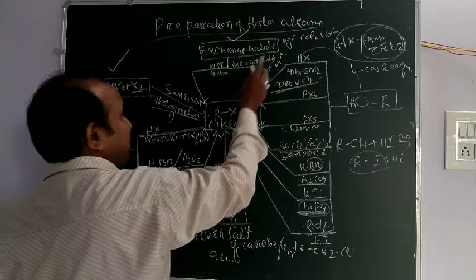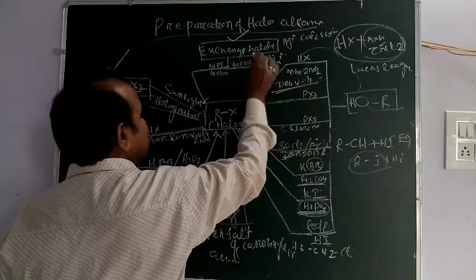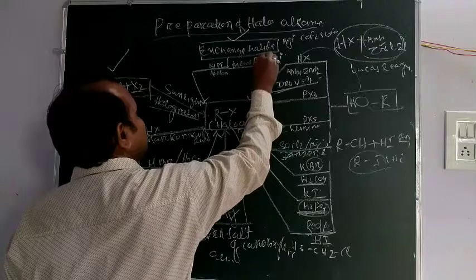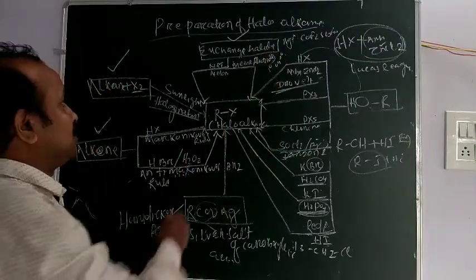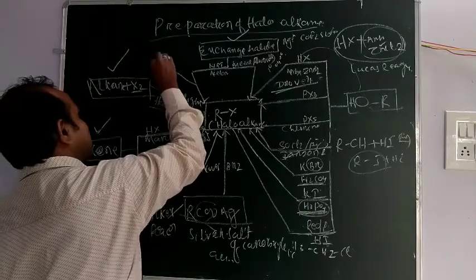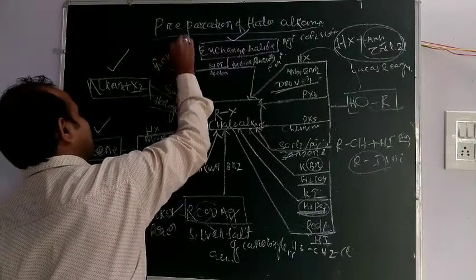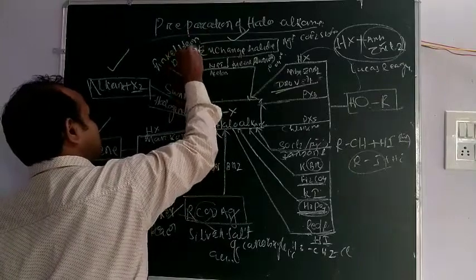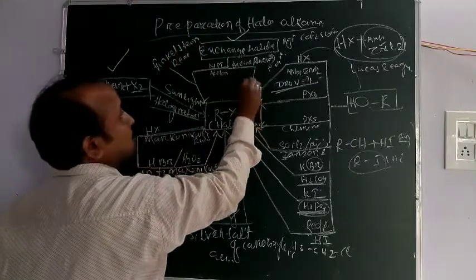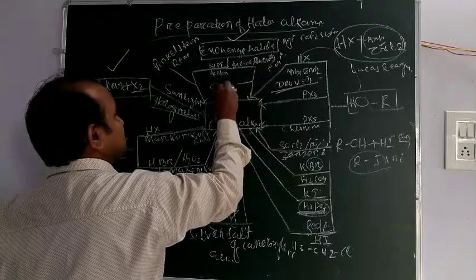With a metal fluoride, alkyl fluoride is formed. This is called the Swarts reaction.